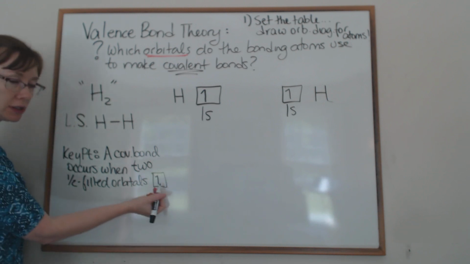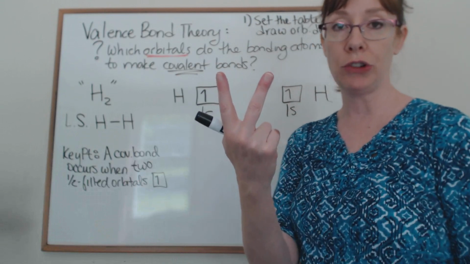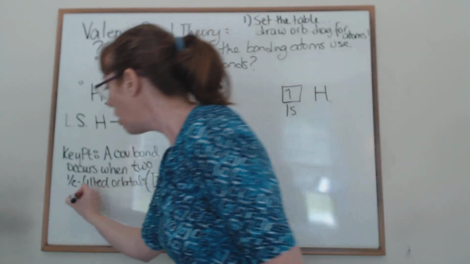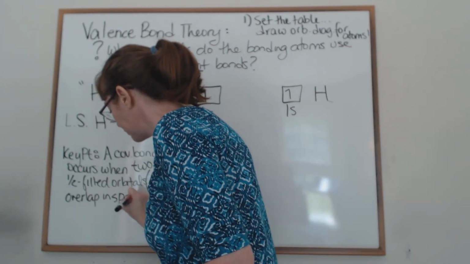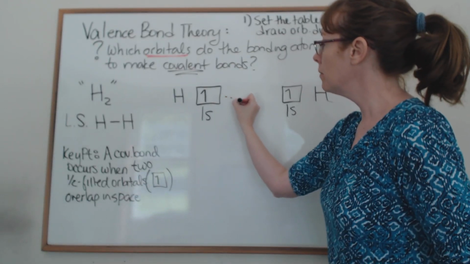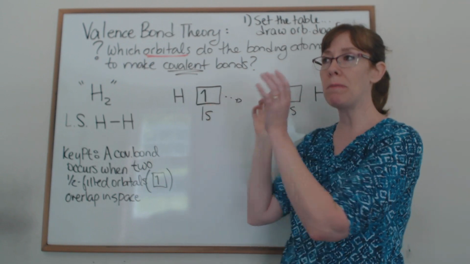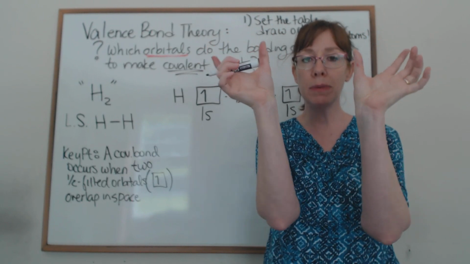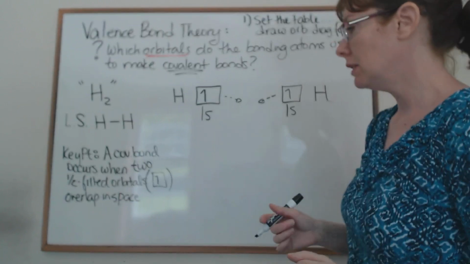A half-filled orbital is just one electron in an orbital, because as you know, an orbital can contain 2 electrons max, so half-filled is 1. Overlap in space literally means this one moves towards this one, the orbitals. I'm drawing them in the form of a box, but remember, they're s orbitals, they're spherical. When they overlap in space, it means they enter the same space of the universe. I'll show you a nice picture in just a minute.